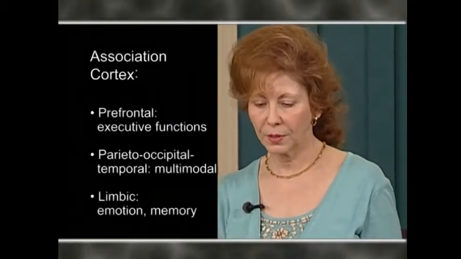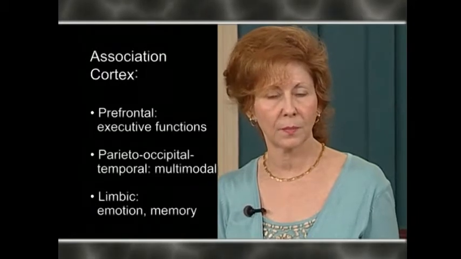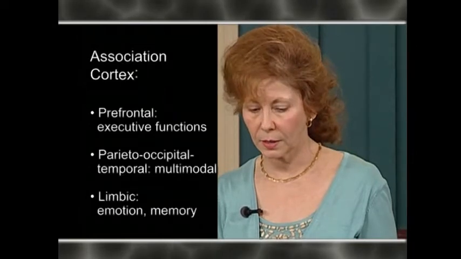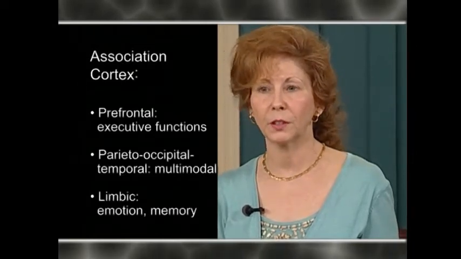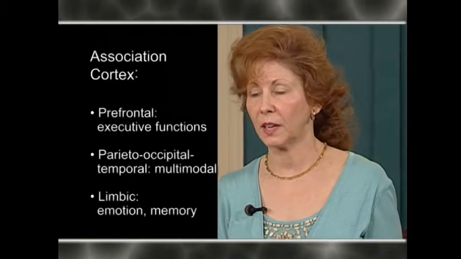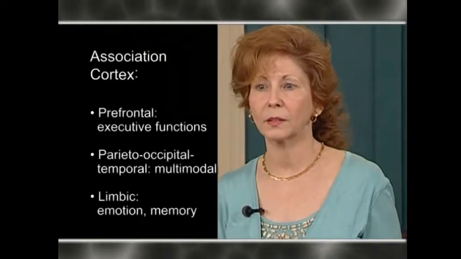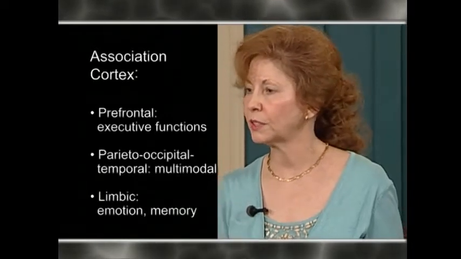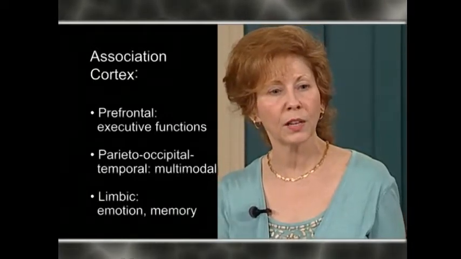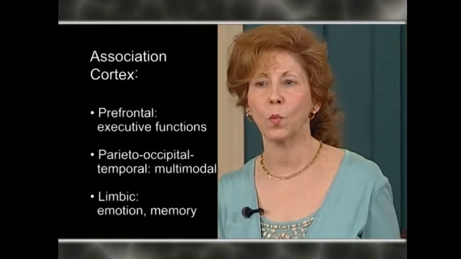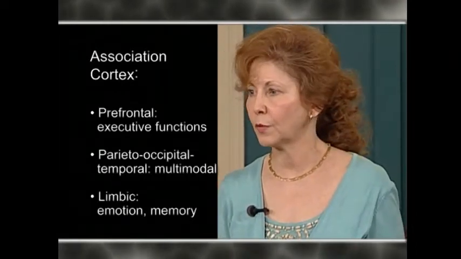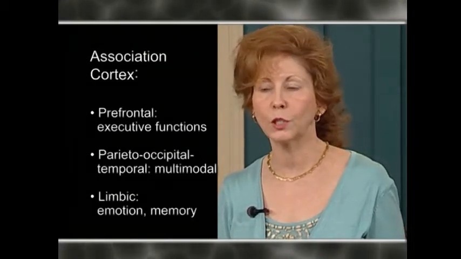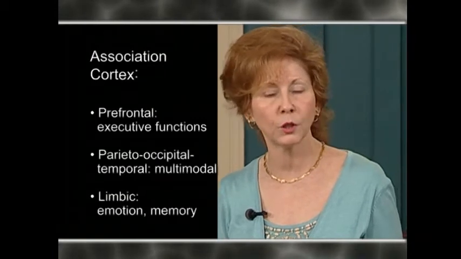But right now, this is the definition we have at the present time, that there are 3 major association areas recognized. These are the prefrontal area, which is involved in executive functions; parietal, occipital, temporal areas, which are actually multimodal. So they're sensory, but the neurons in those areas respond to more than one sensory system. And last of all, the limbic cortex or limbic association cortex, which is involved in the elaboration of emotion and memory.